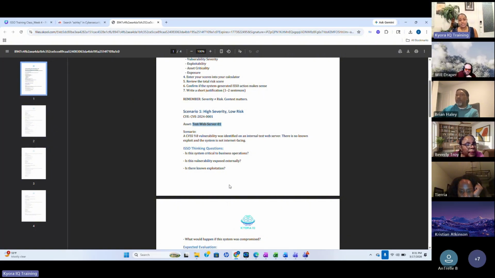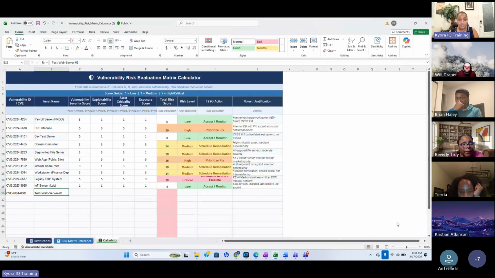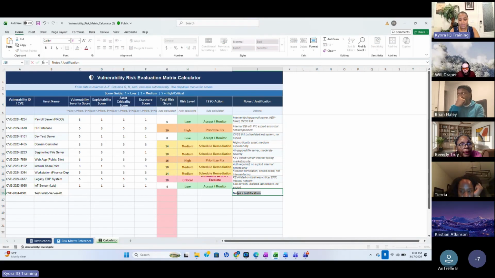So a CVSS 9.8 vulnerability was identified on an internal test web server. There is no known exploit and the system is not internet facing. So you would come back into here. Your notes are that it's not internet facing, right?